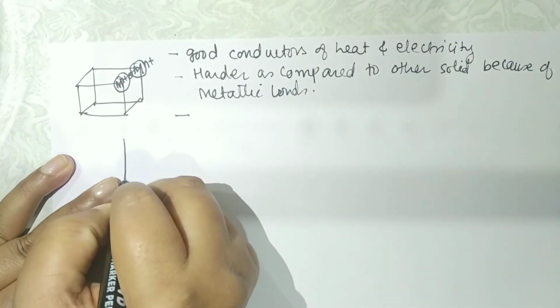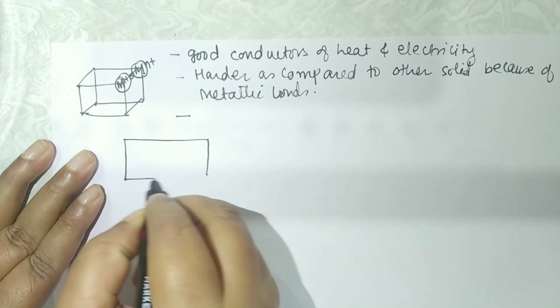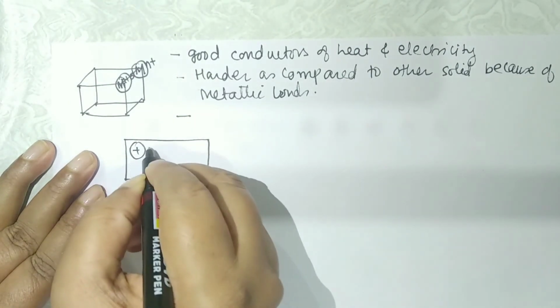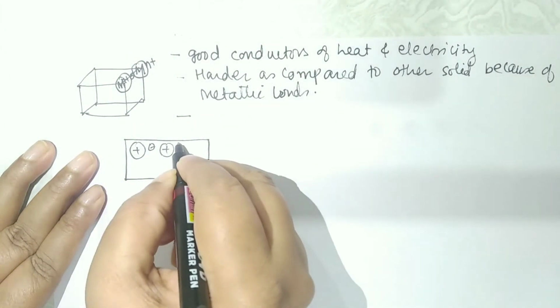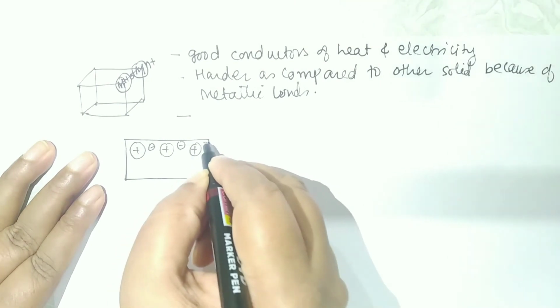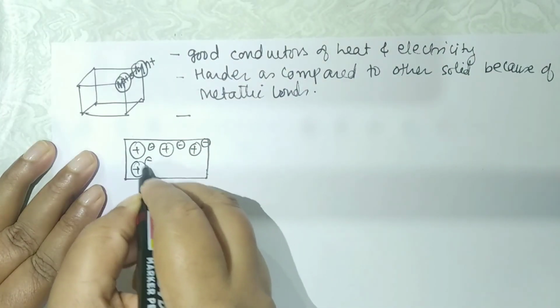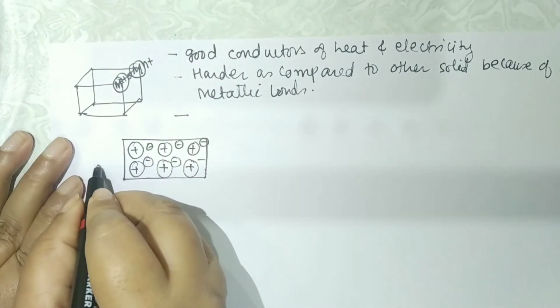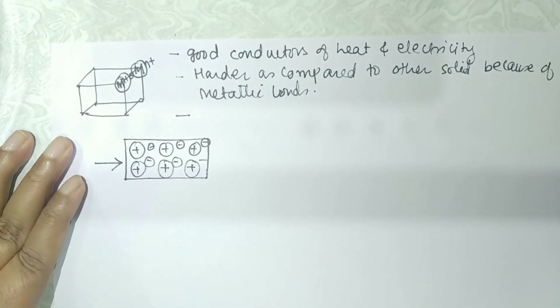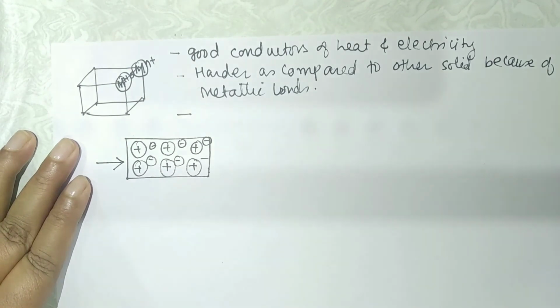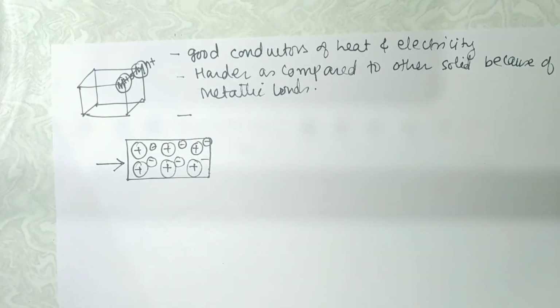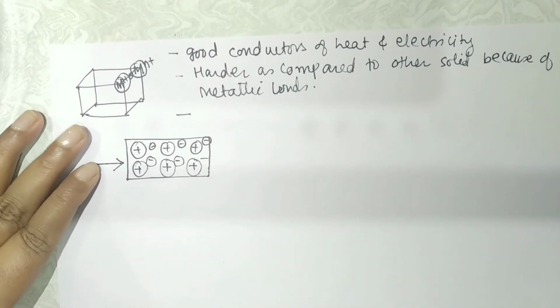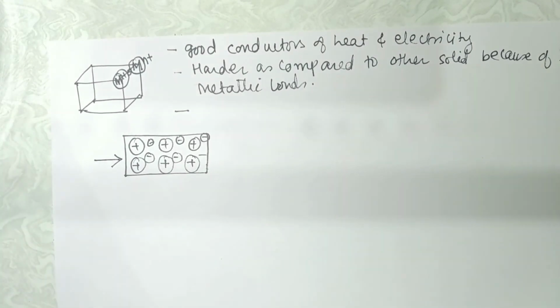Means, if I see the crystal structure in this way, and if I apply the shear force to it, the layers of those crystals, they will slide on each other, and therefore we can get the sheets and we can draw them into wires.